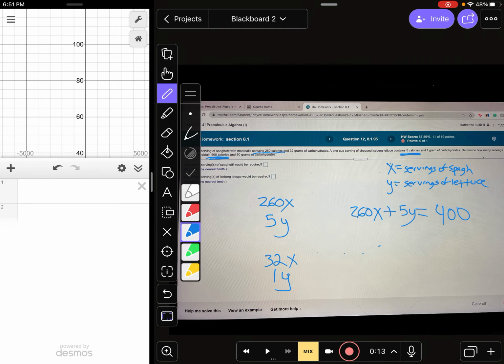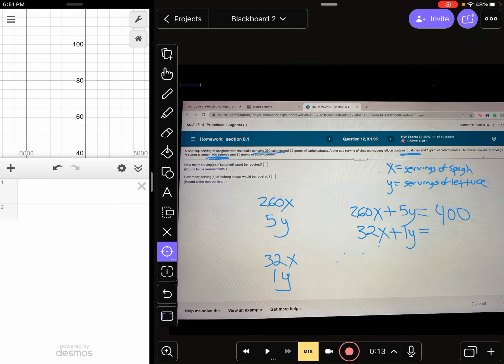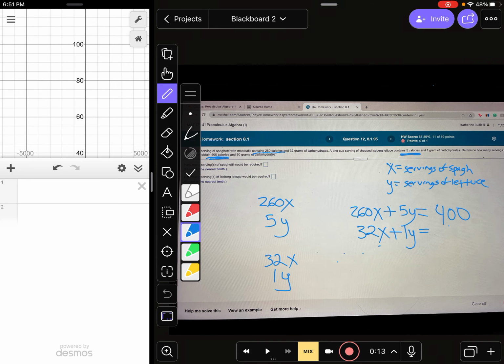So I'm going to go ahead and add those up right now. 32x, that's the grams of carbohydrates in your spaghetti, plus 1y, that's the grams of carbohydrates in your lettuce, equals 50. That has to be what it's going to be all together, 50. So I'll put a 50 over here.